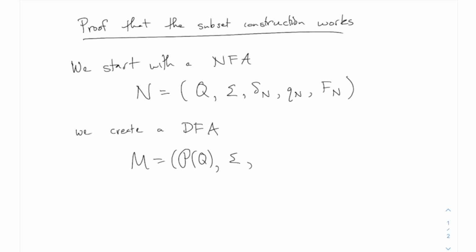All right? What's the transition function? I will describe this below. I will comment below. The starting state, actually all of these I'm going to comment below what they are. I'll just call them this for now.